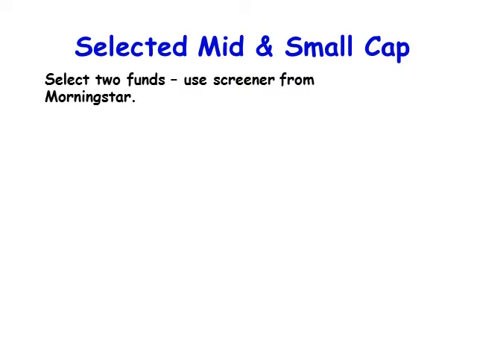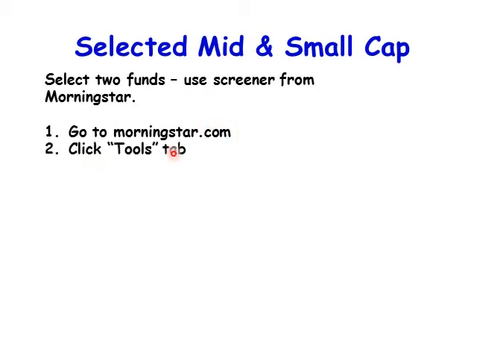This time we'll try to find the two funds using a screener from Morningstar.com. So go to Morningstar.com, go to the Tools tab, and click Basic Screener for mutual funds. From the Basic Screener, pick a mutual fund.